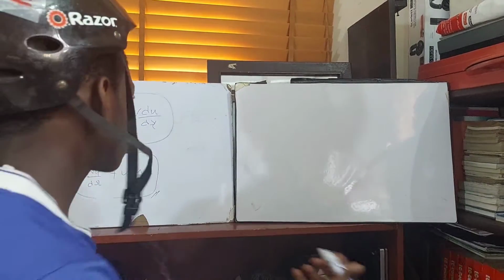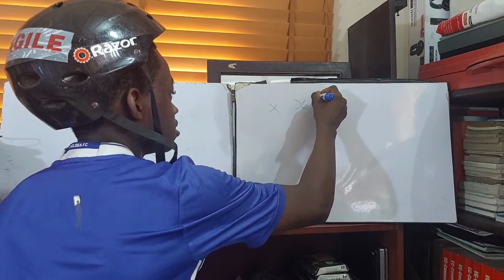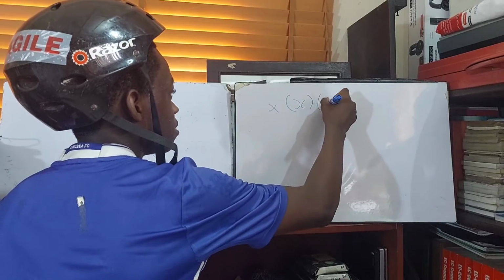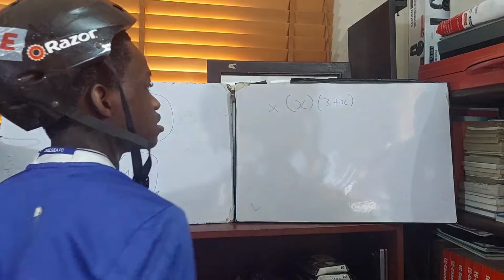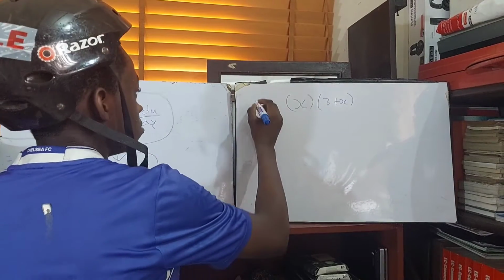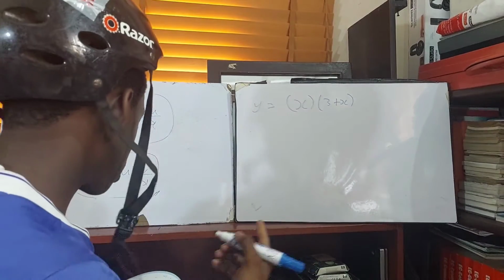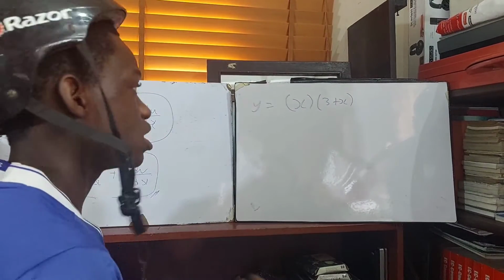Now, what is a product? Product is basically multiplication, right? So x multiplied by 3 plus x. This is a product. Let's make this the first example. When we're working like this, we label the two factors.